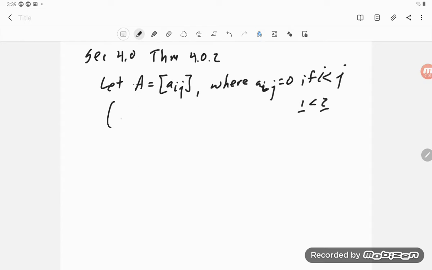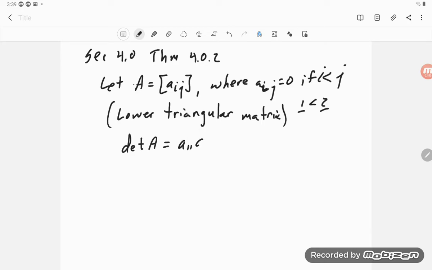And so we'll just say this is a lower triangular matrix. And if this is the case, we have that the determinant of A is just the product of its diagonal.